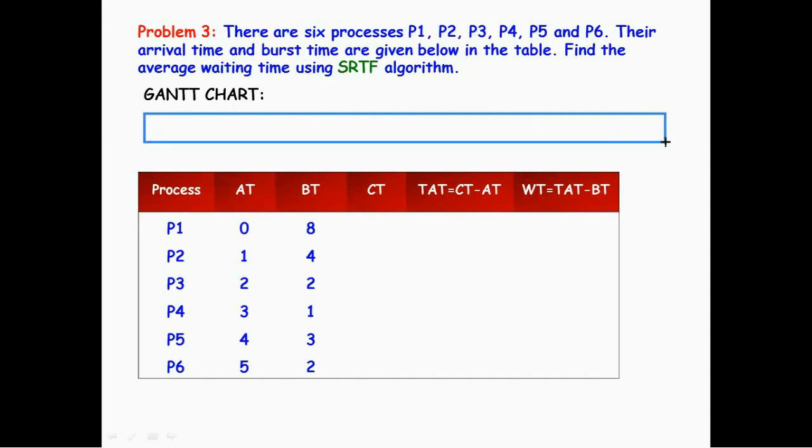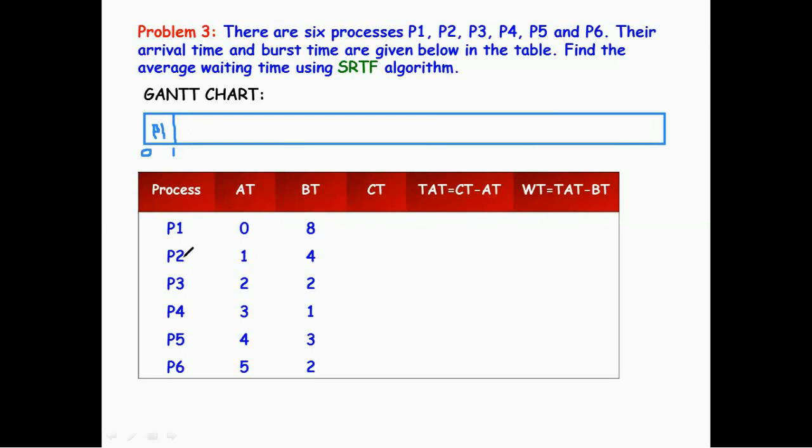Let me draw a Gantt chart. At time 0, only P1 has arrived. No other process has arrived at time 0. So, from 0 to 1, P1 gets scheduled.